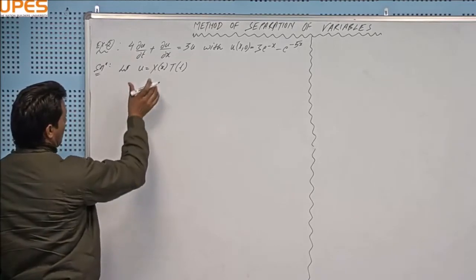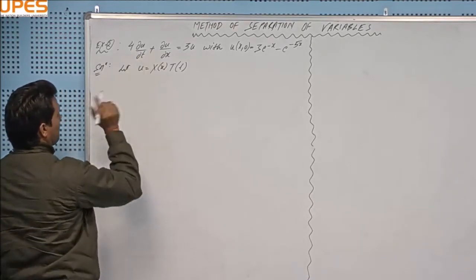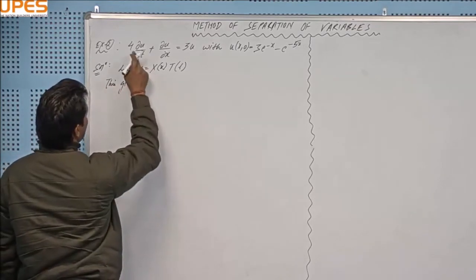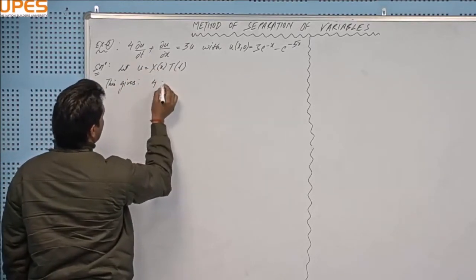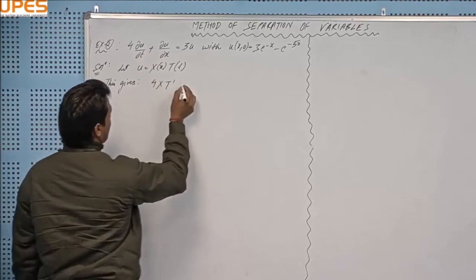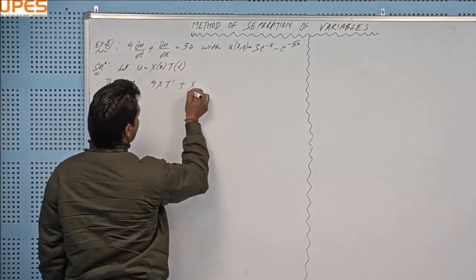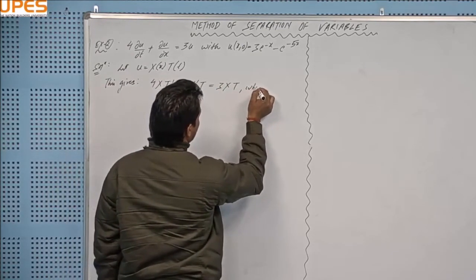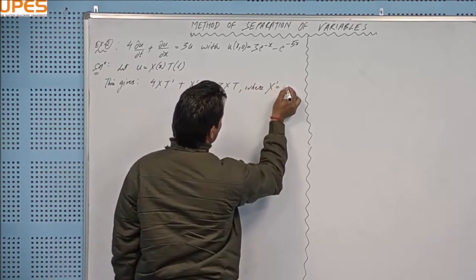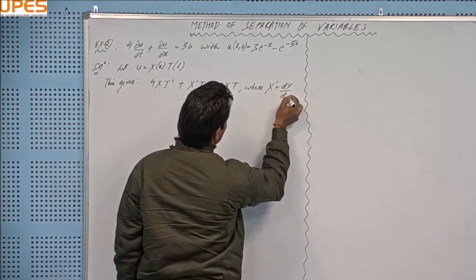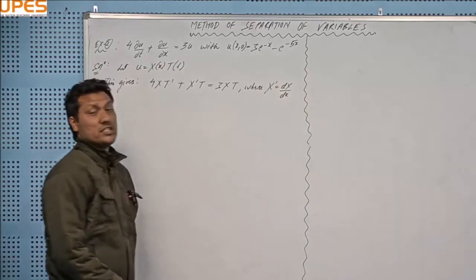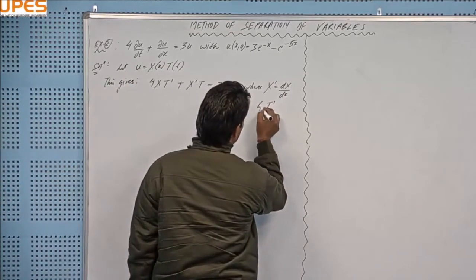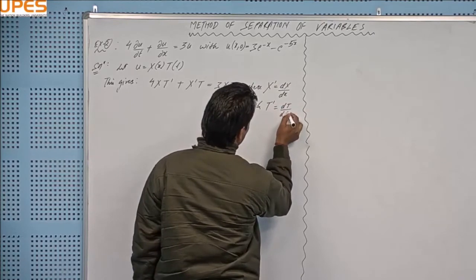Okay, then after finding the derivatives and plugging them here, this gives me 4 times del u by del t, meaning X T dash, plus del u by del x, meaning X dash T, is equal to 3 X T, where I should mention that X dash is equal to dX upon dx, and I have written the ordinary derivative because the partial derivative is equal to the ordinary derivative in this case, right, and T dash is equal to dT by dt.